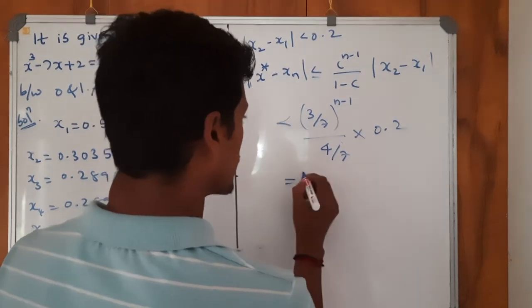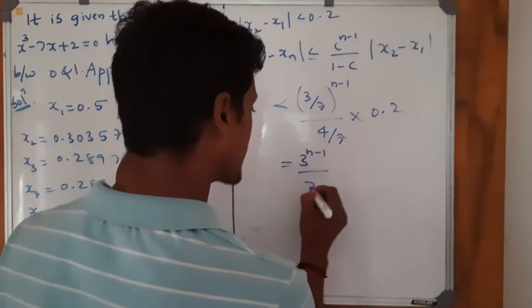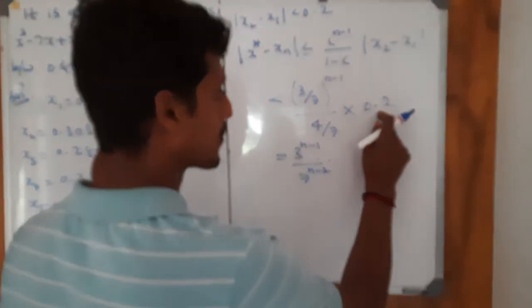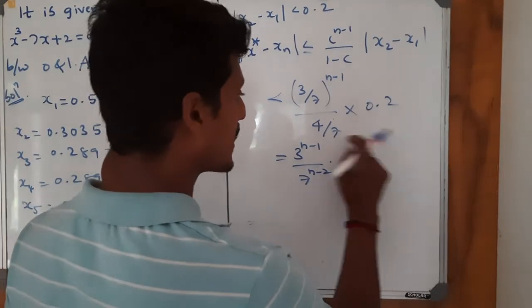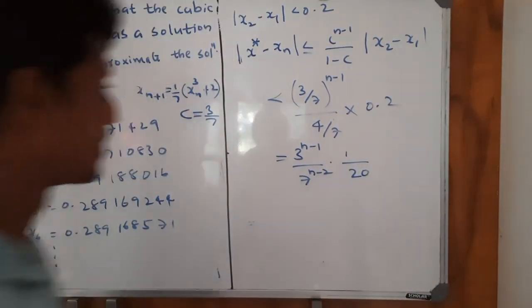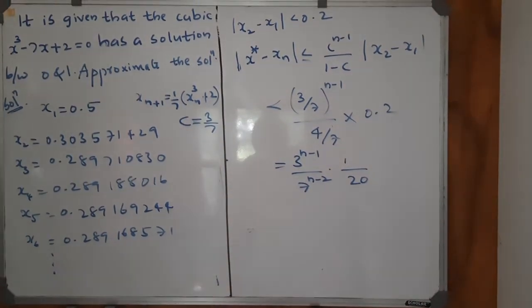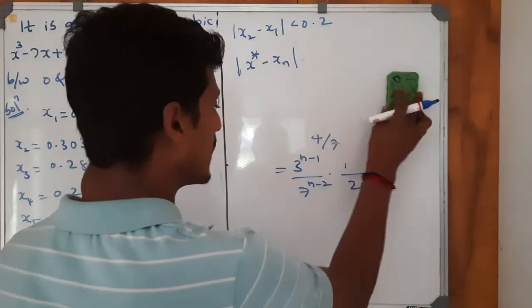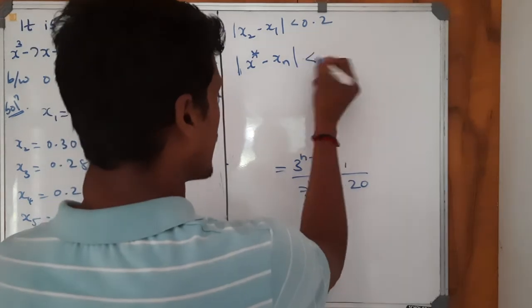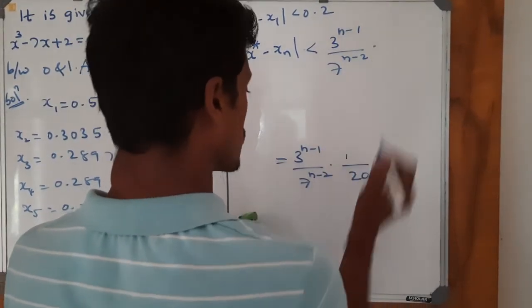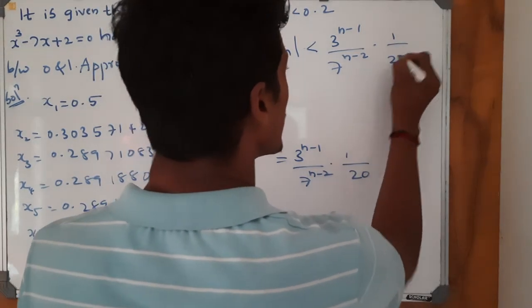So 3 raised to n minus 1 divided by 7 raised to n minus 2 into 1 by 2 by 10 into 4. So it will be 1 by 20. So what we have observed is modulus of x star minus xn is less than 3 raised to n minus 1 by 7 raised to n minus 2 into 1 by 20.